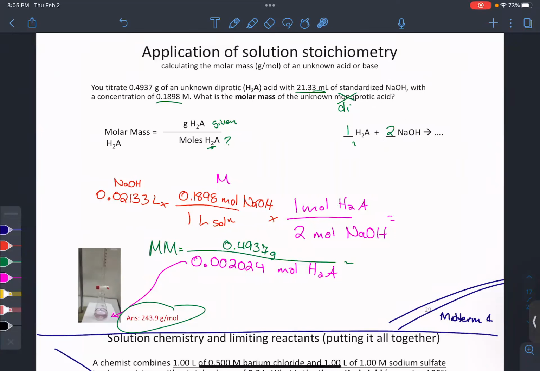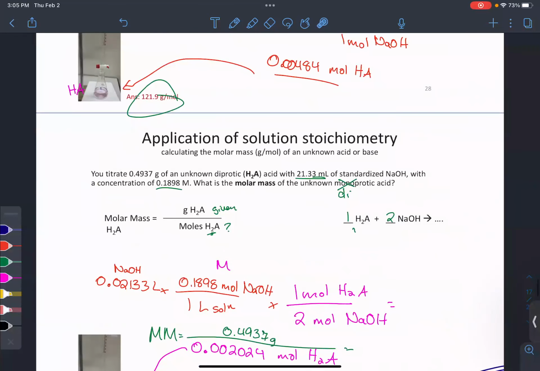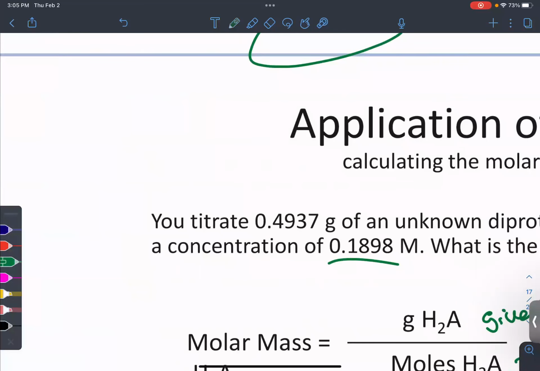Oh yeah. So the question is, do I have to memorize if it's monoprotic or diprotic? I want to say it's going to be obvious. Monoprotic means there's one proton. So I can write it like HA, or something like HCl. Can you tell that that's monoprotic? Because there's only one hydrogen, right?